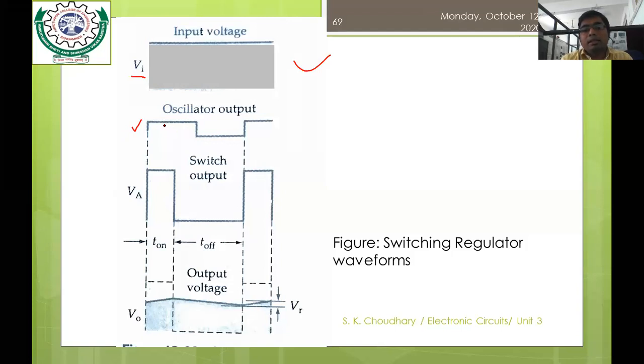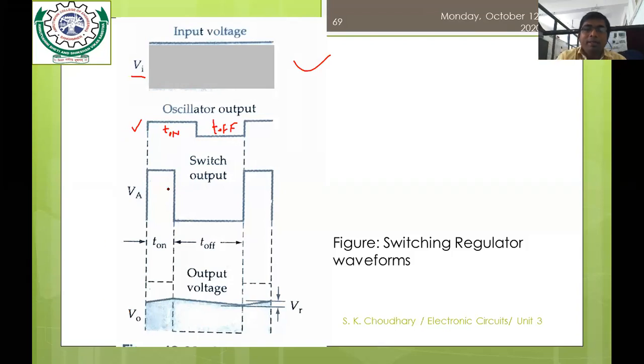So this is the T on time for this oscillator output, and this is the T off time for this oscillator. And according to that particular T on and T off, what happens?